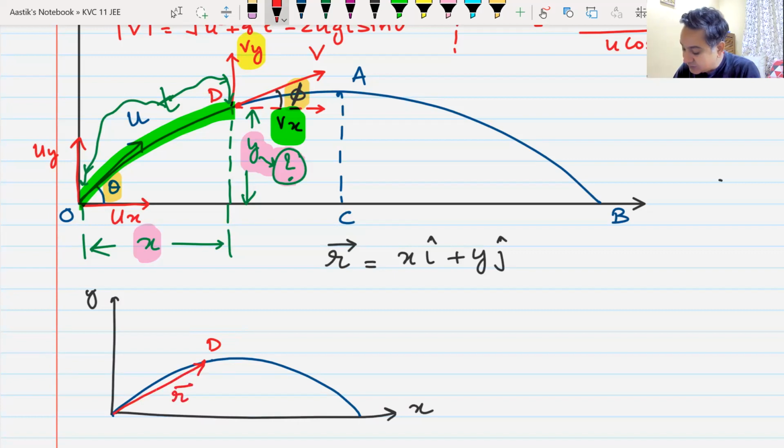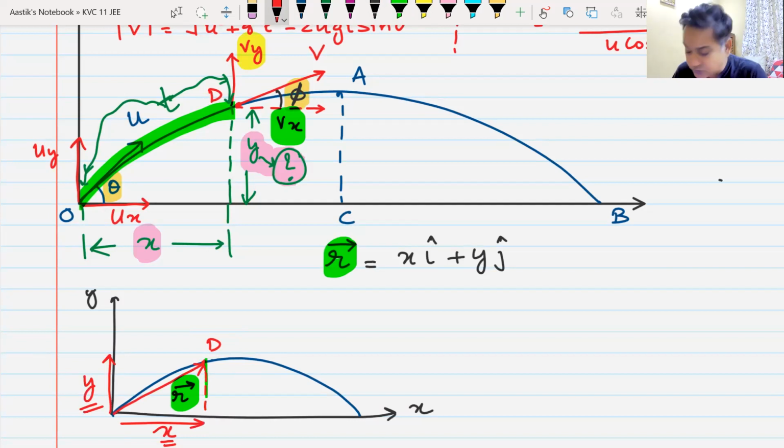This is your displacement vector. Do we understand this? It has got two components. One is this component, which is x. One is this component, which is y. Do we understand this?